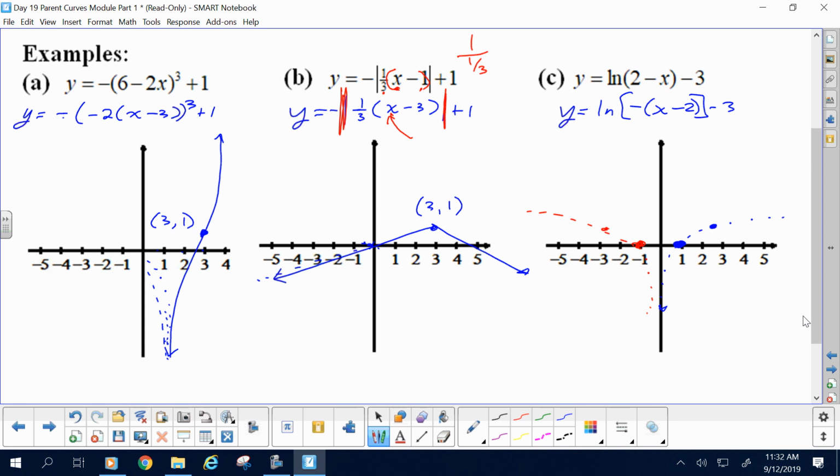How do we shift it? Right, 2 and down 3. All right, so what would be easiest, to shift this point here? Okay, so if I shift this point right 2 and then down 3, where does that put it? 1, negative 3, I agree.